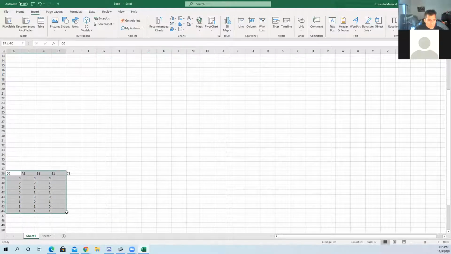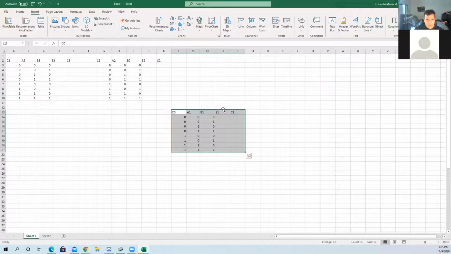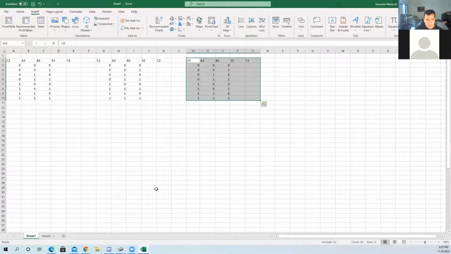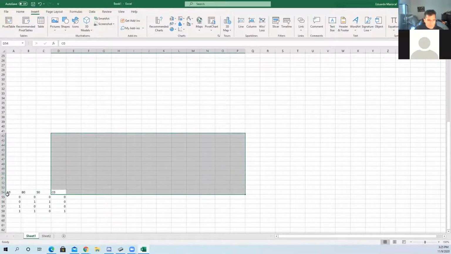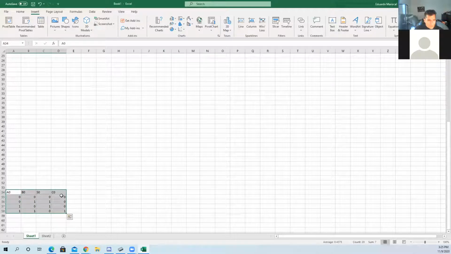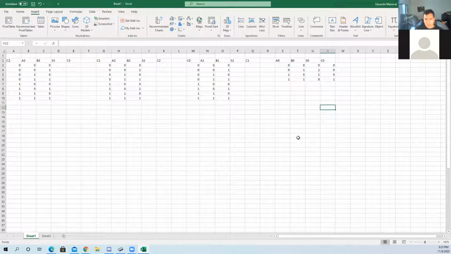So you guys can see it. So you're gonna have to create multiple tables to be able to add the numbers, right? So this is my first.